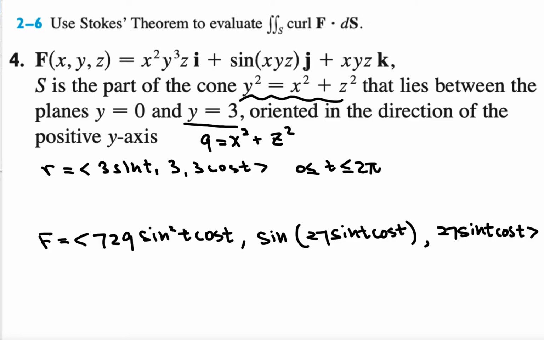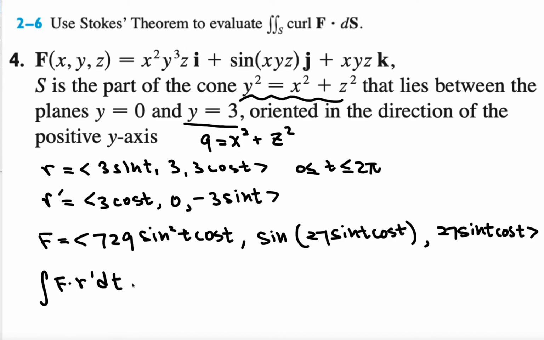But we need to figure out the r prime. What is r prime here? Here we end up getting 3 cosine t, and then this one becomes 0, and then here negative 3 sine t. So what we're going to do is the line integral of F dot r prime dt.